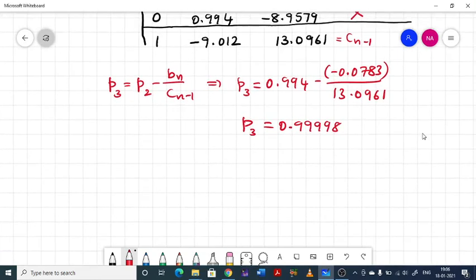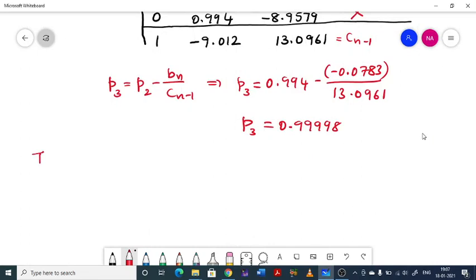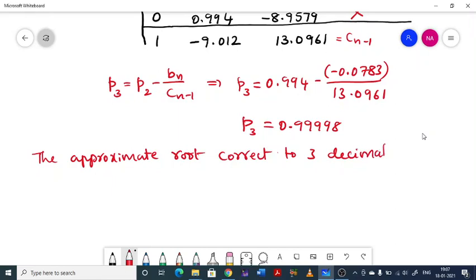So the approximate root correct to 3 decimal places, if I restrict this root to 3 decimal places, we'll get 1. Or you can write 0.999, no problem.